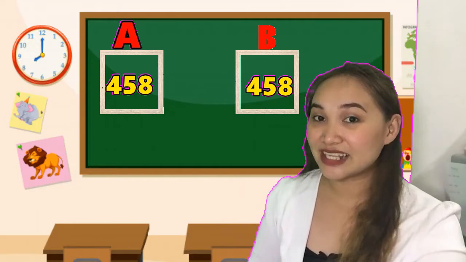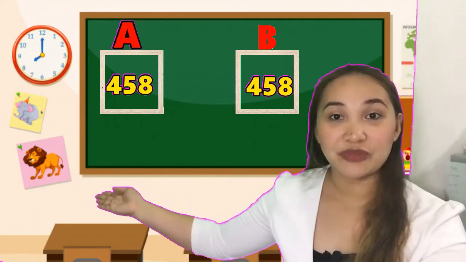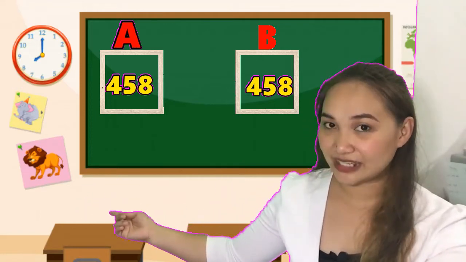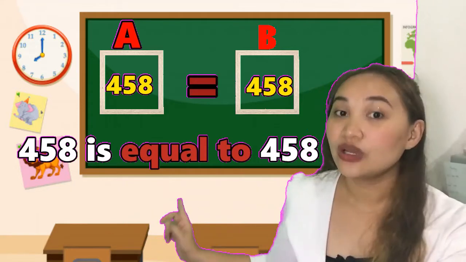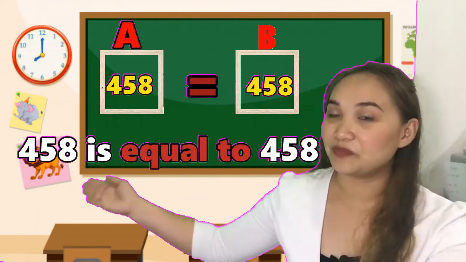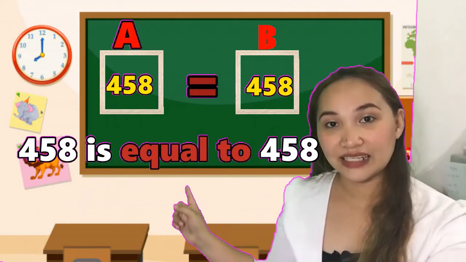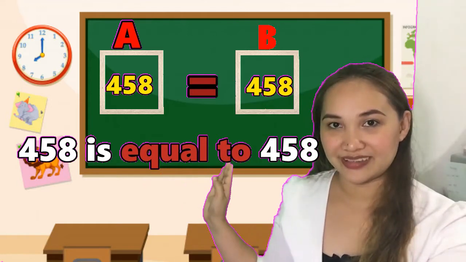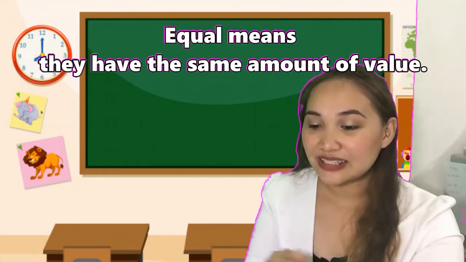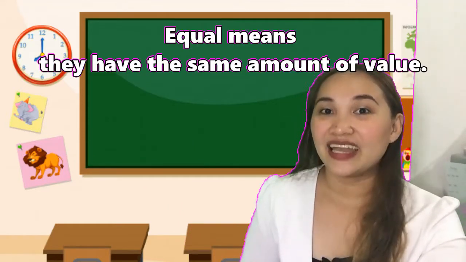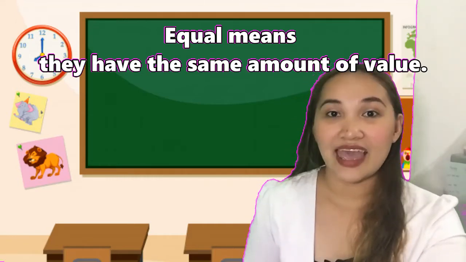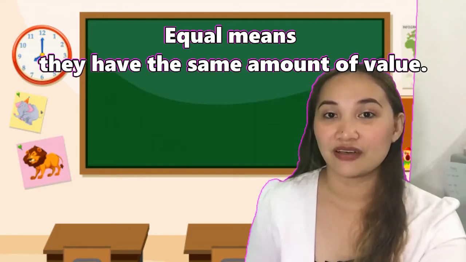We have the same amount in box A and box B. So 458 is equal to 458, meaning box A is equal to box B. Okay, so is it clear what the equal sign means? Again, equal means they have the same amount of value.